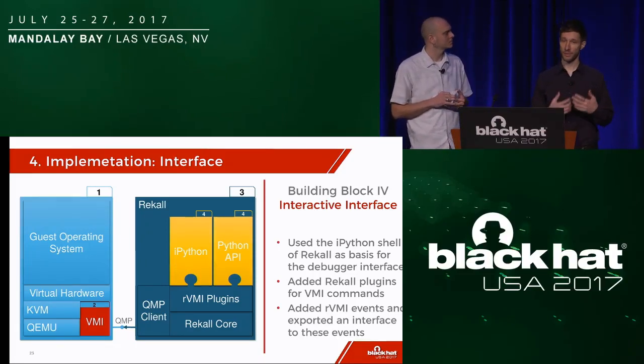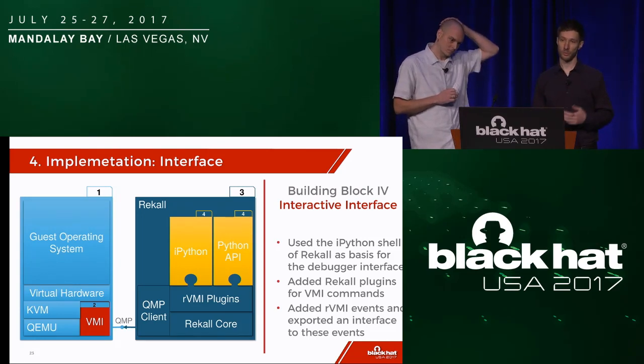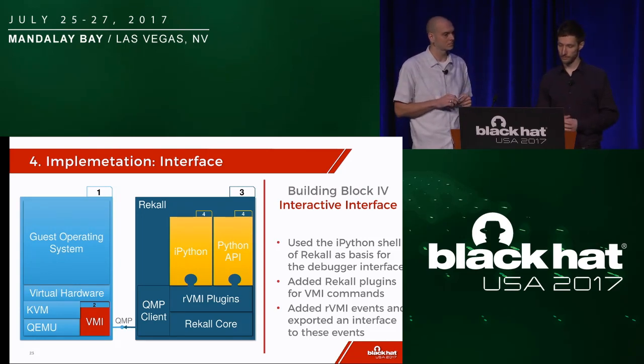So essentially, whenever something interesting happens within the virtual machine, for instance, a breakpoint is hit, a VMI event will be generated and will be sent in a JSON format through the QMP socket to the rVMI Rekall layer. And this Rekall layer will then make the event available through the IPython shell for manual analysis, or through the Python API in case you want to perform scripts based on certain events.